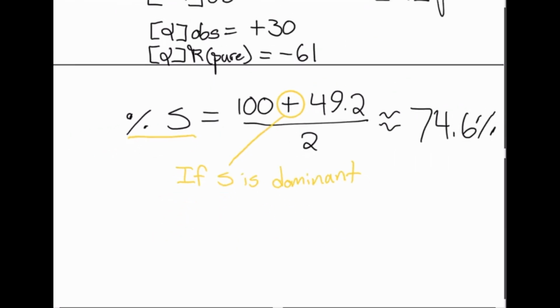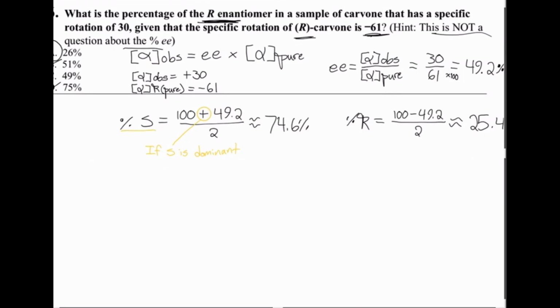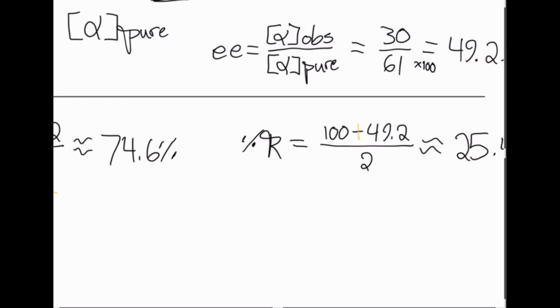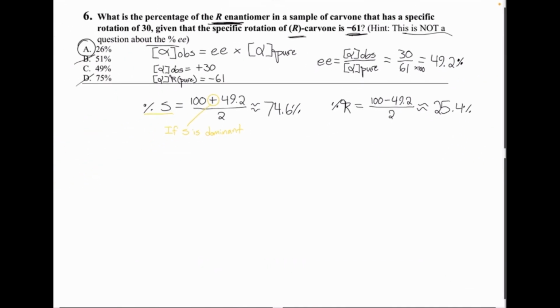If R would dominate, then it would be minus 49. How do I know R is not dominant? Well, because R is negative 61, R is our negative value, and our observed is positive, so less R.